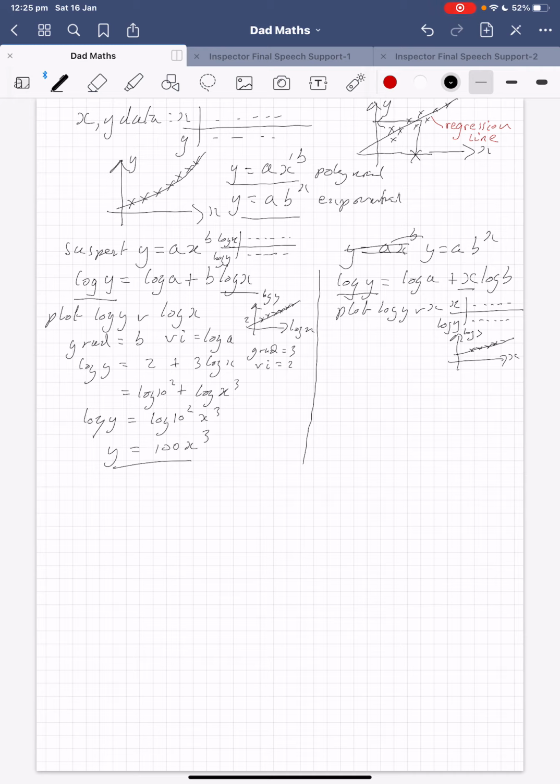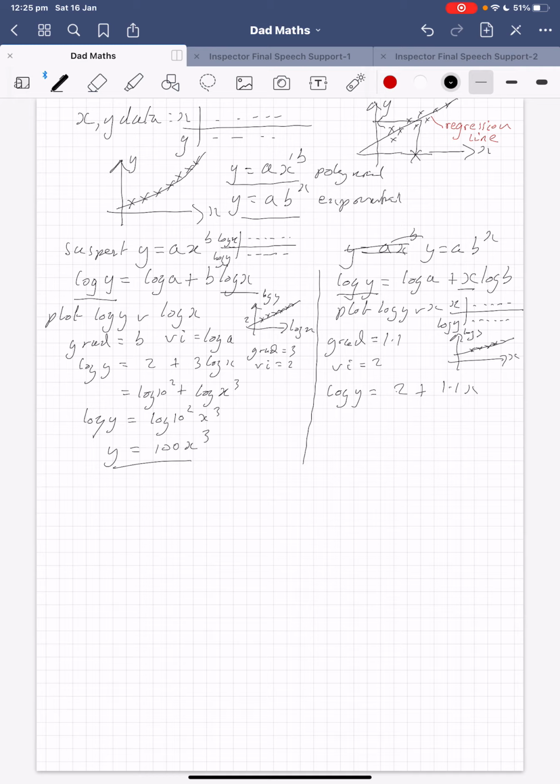Then suppose the gradient is 1.1 and the vertical intercept is 2. What does that mean? Going back into our relationship, we write log of y equals a vertical intercept of 2 plus 1.1x.